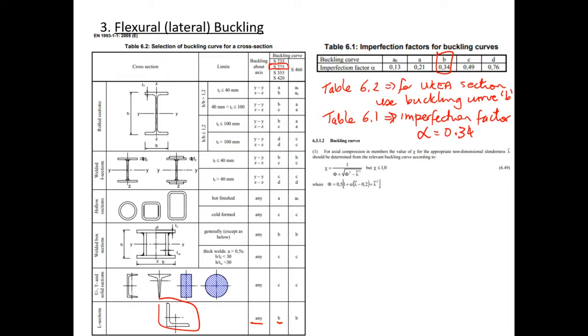Okay, so we've got the imperfection factor is 0.34 in there from using table 6.1.